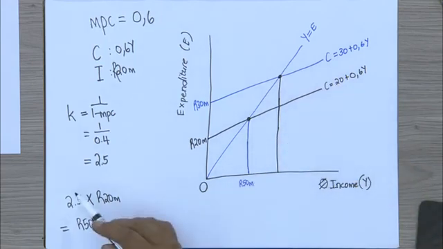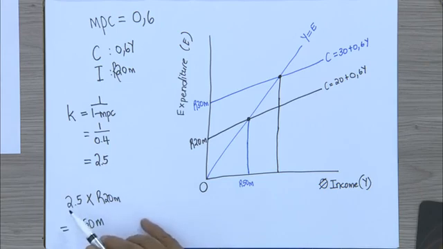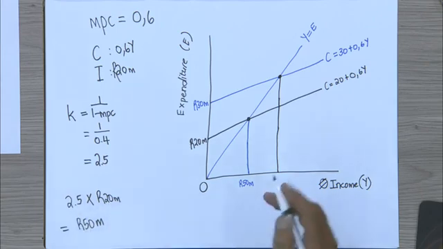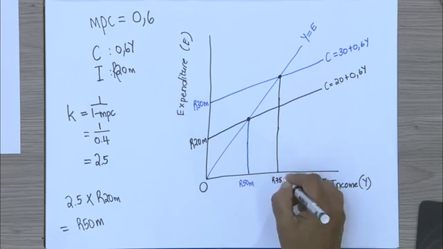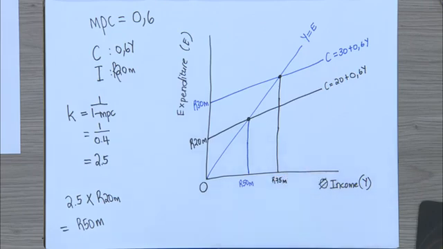The multiplier is still 2.5 because that hasn't changed, but this has changed. So instead of 2.5 times 20, we're now going to have 2.5 times 30, which will then give you an eventual income of 75 million.